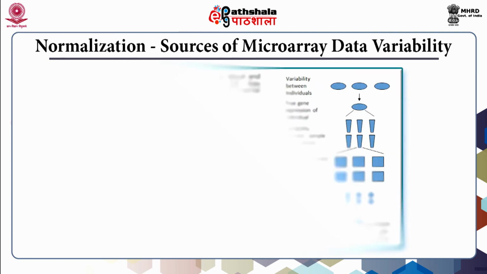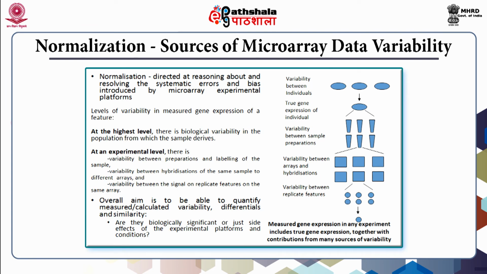The data analysis involves the normalization, which includes that the measured gene expression in any experiment is the true gene expression, but there are contributions that are coming from many sources of variability. The normalization depends upon how the sources of variability have been tackled by putting a lot of controls during the experimentation.